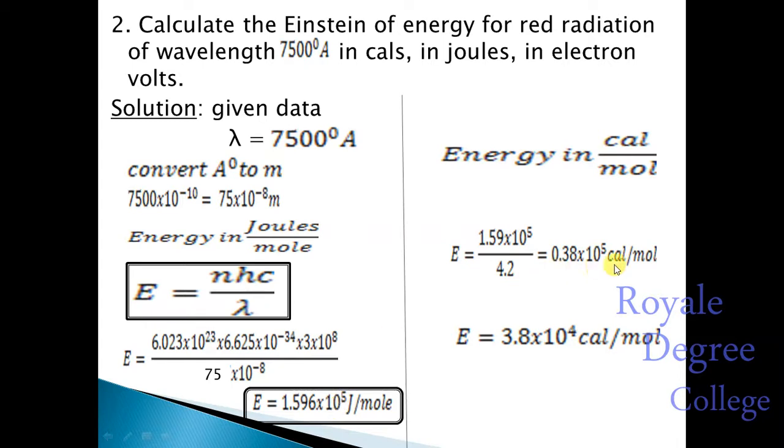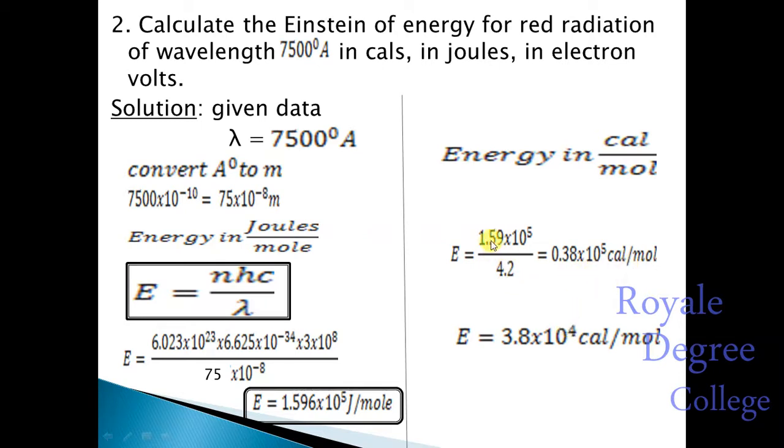Then energy in calories per mole. For that we calculate E. The value of E in joules per mole is 1.59 into 10 to the power 5. To convert to calories per mole, we should divide this value by 4.2. So you will get 0.38 into 10 to the power 5 calories per mole.